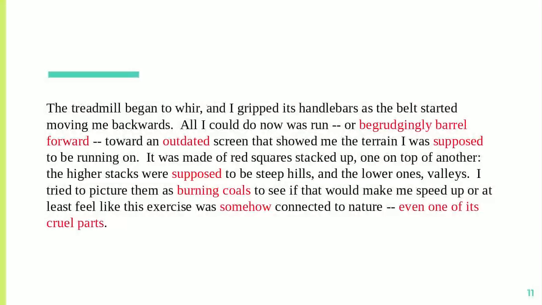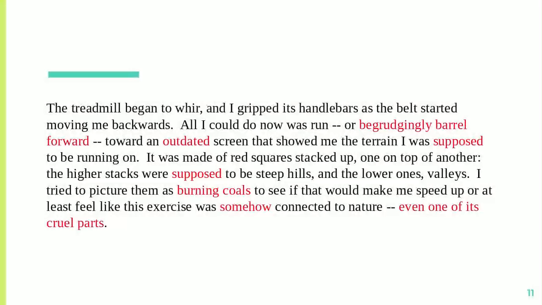Using descriptors like outdated to describe the equipment shows us that there's a feeling of contempt here. Okay, this is outdated, it's trash, it's garbage. The repeated use of the words supposed to, like, I'm supposed to be at school right now, or I'm supposed to be blah, blah, blah, giving you kind of that feeling of exasperation, okay, or disenchantment.